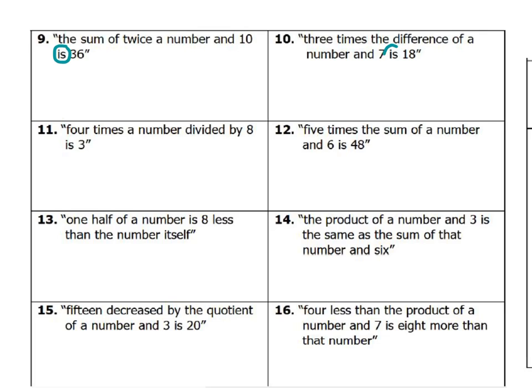The word is in every one of these means equal or is equal to. All right, these are super important. Also, you might see is the same as down here in example 14, but it also still has the word is. So is definitely means equals, all right?